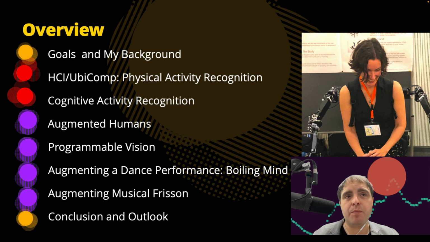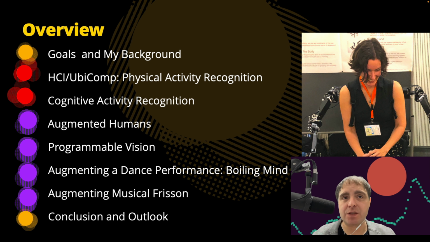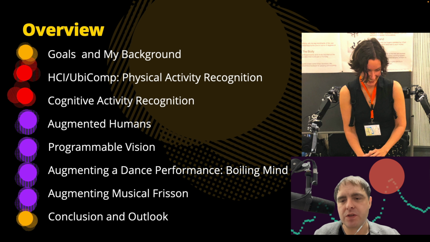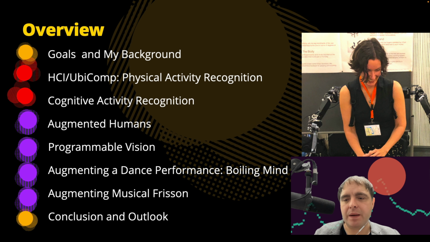One is dealing with programmable vision, programmable perception using sensor-driven eyewear. Another one is dealing with augmenting a dance performance or augmenting a social gathering using interpersonal synchrony. This is Boiling Mind.